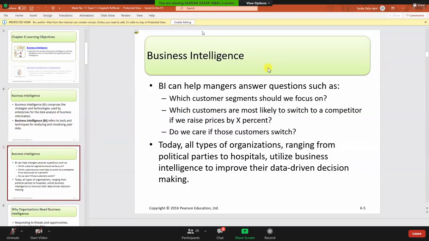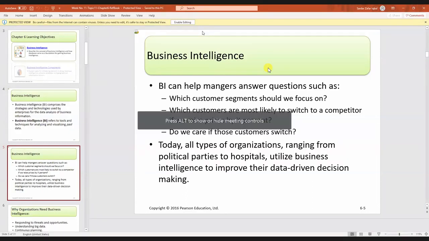Which product is most liked by the customers? Which product is not liked by the customers? So you can find out different numbers here, and we need this deep analysis.